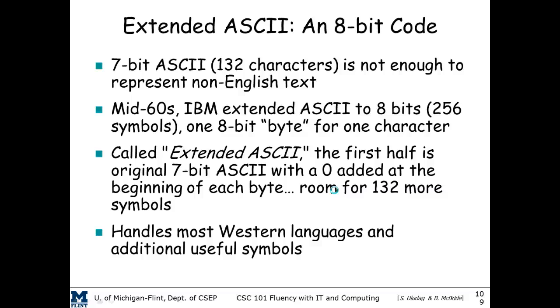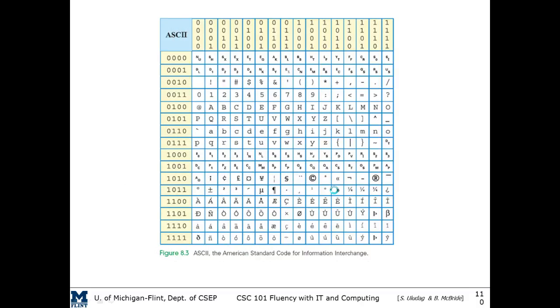It was initially referred to as extended ASCII, and it allowed for 256 different symbols, which would make room for all of the Western, Latin-based languages. This is the standard ASCII table that we use even today to encode the characters from the keyboard.